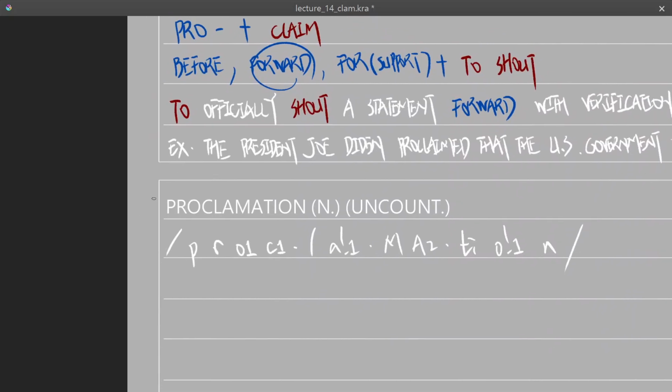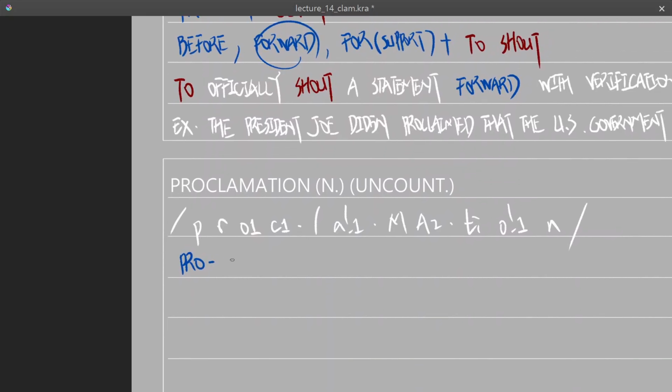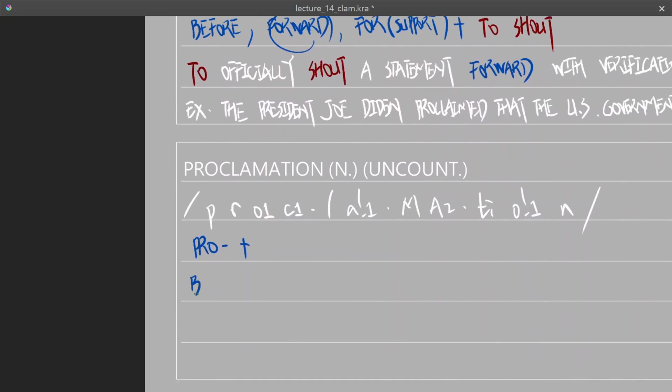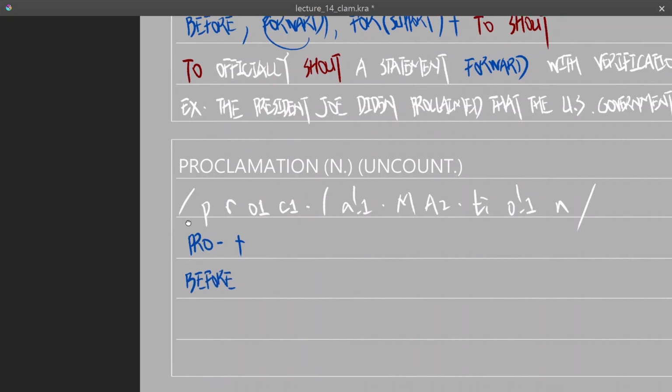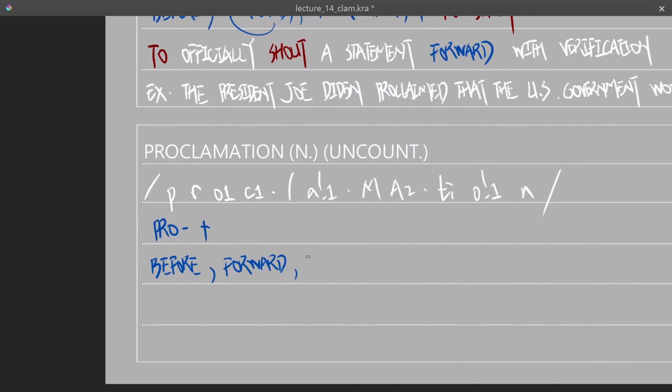So we have the prefix pro, meaning before, forward, or forward.